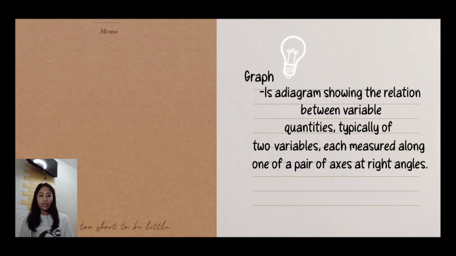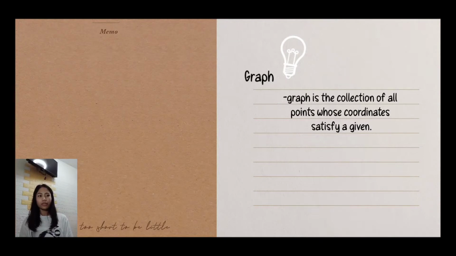It explains that diagrams such as a series of one or more points, lines, segments, curves, or areas represent the variation of a variable in comparison with that of one or more other variables. The other explanation is the collection of all points whose coordinates satisfy a given equation.